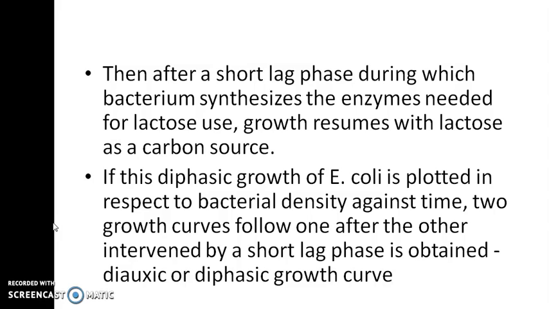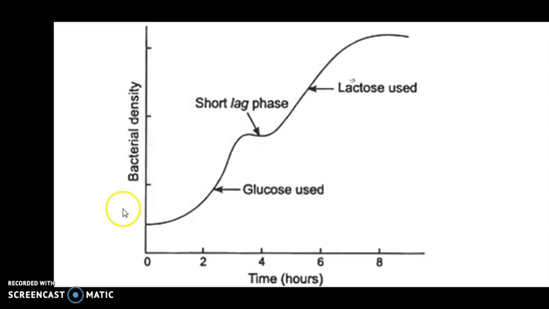If this diphasic growth of E. coli is plotted in respect to bacterial density against time, two growth curves follow one after the other, intervened by a short lag phase, and this is termed as the diauxic or diphasic growth curve. And this graph represents the diauxic or the diphasic growth curve of E. coli, grown in a mixture of glucose and lactose.